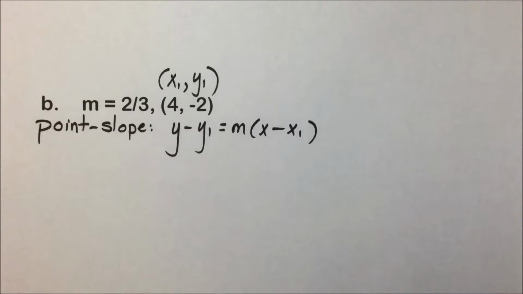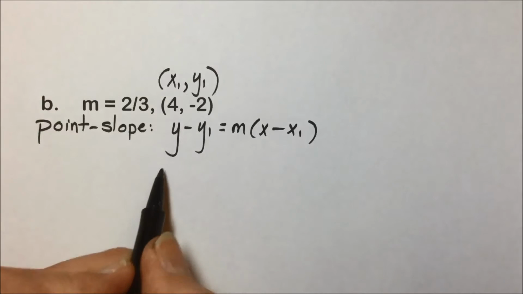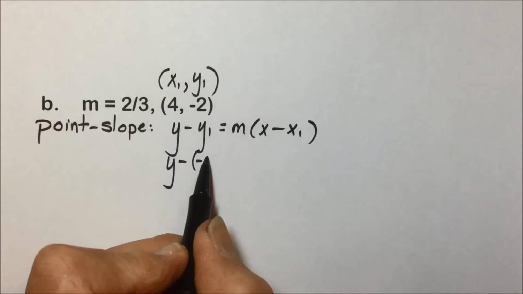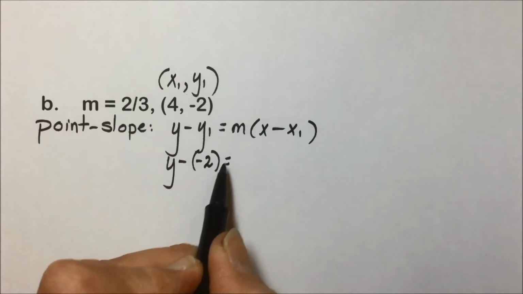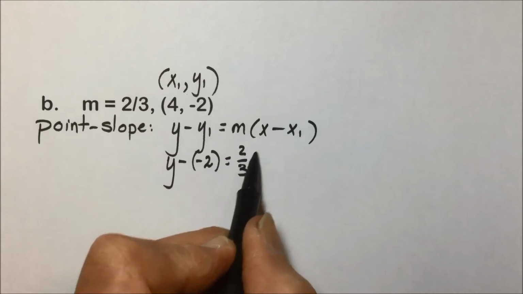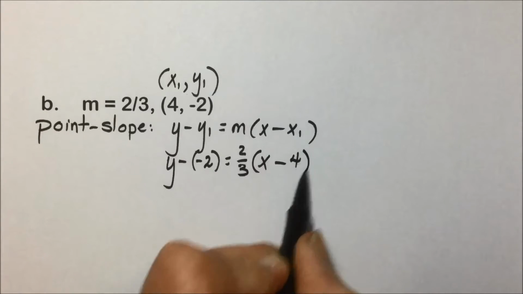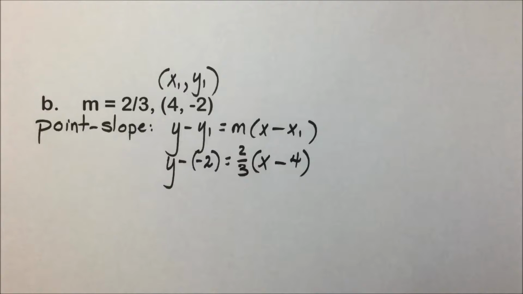So the equation of this line will be y minus the y value, which is -2, equals the slope 2/3 times x minus the x value of 4. Simplifying this, different problems will ask that the equation be put in standard form, or maybe expressed in slope-intercept form.